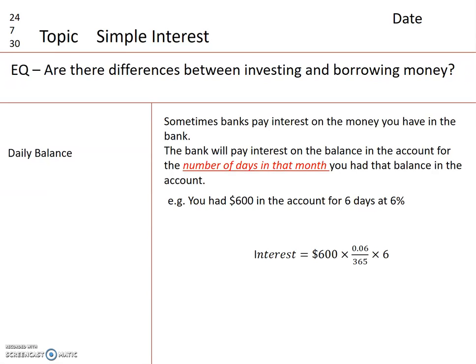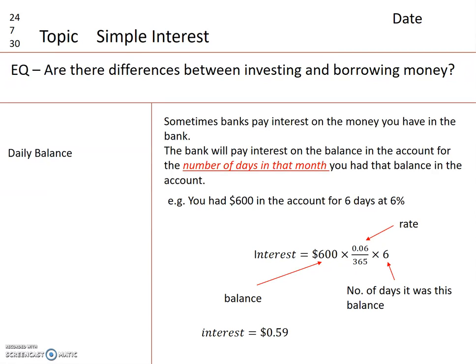You have $600 times our rate, 0.06, times 6, the number of days: balance, rate, number of days at that balance. Your interest is $0.59 for those 6 days. So you earned an extra 60 cents almost during those 6 days.